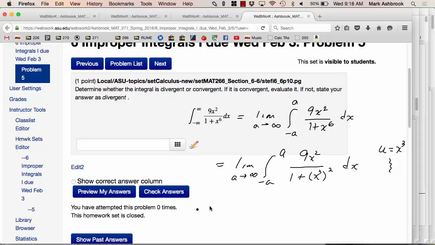Okay, so we've got the tangent inverse of x cubed. And so we have to clean up the mess here. If we were to take the derivative of that, would we get exactly that? We get 1 over that thing squared times 3x squared. We have 9x squared.